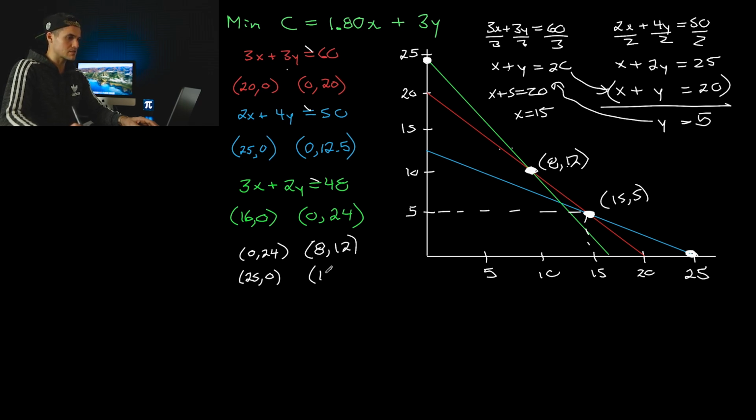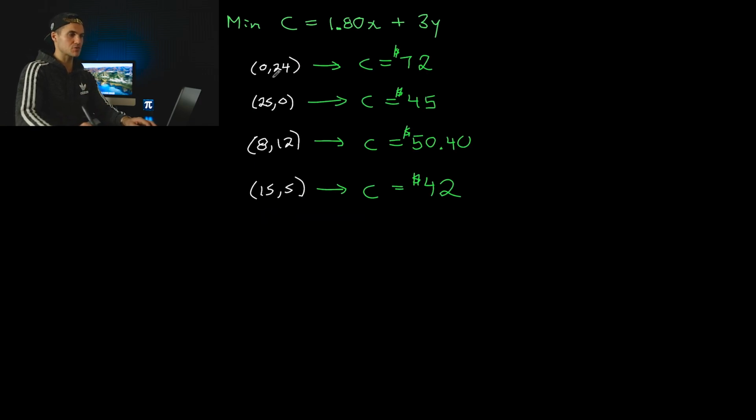So yeah, these are the 4 points that we're going to have to test with this cost and see which of these give us that minimum cost. And so if we take those points, plug it in for x and y for our cost function, these are the different costs. We would get $72, $45, $50.40, and $42. So between these, which is the lowest cost?